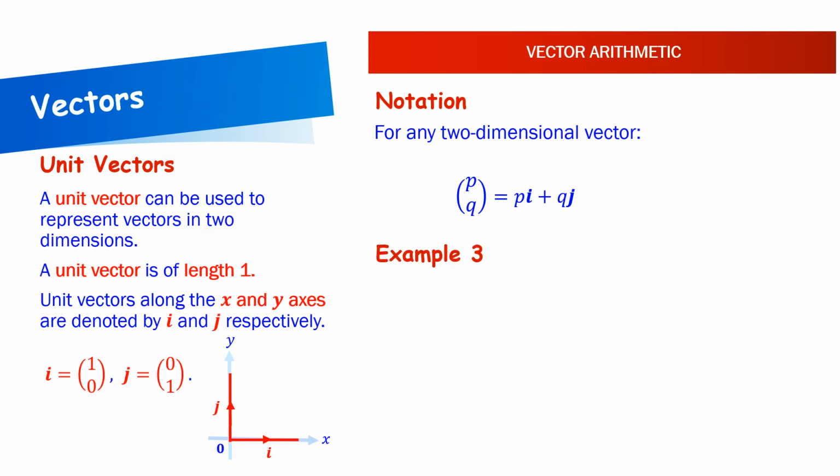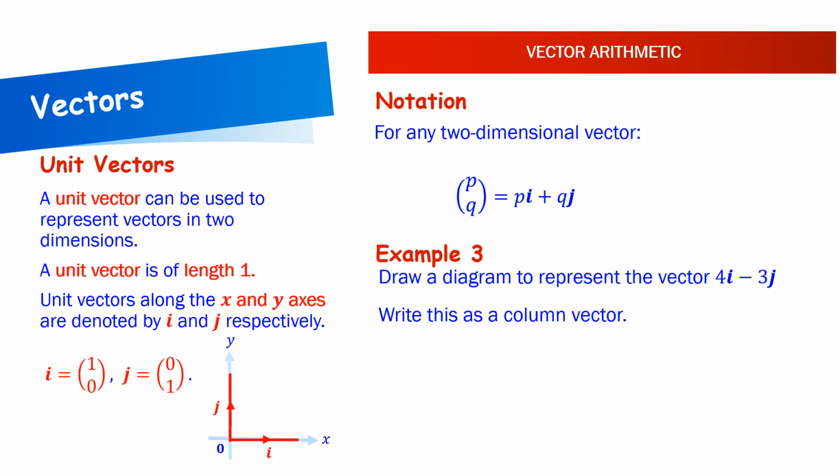And now for example 3. Pause the video and have a go. Press play when you're ready to view the solution. So let's solve this. We are required to draw a diagram to represent the vector 4i minus 3j. Write this as a column vector.